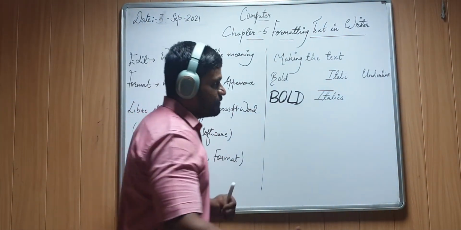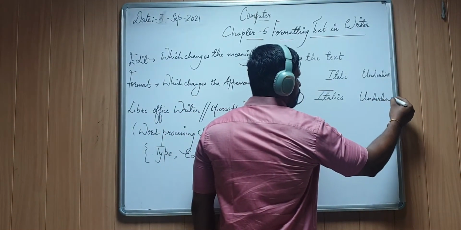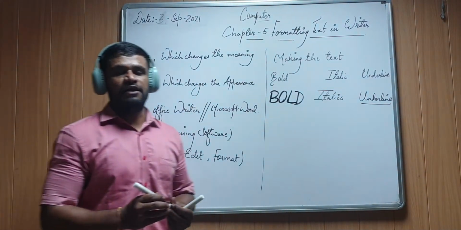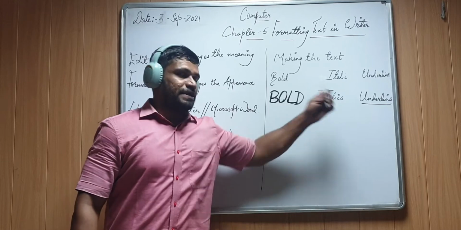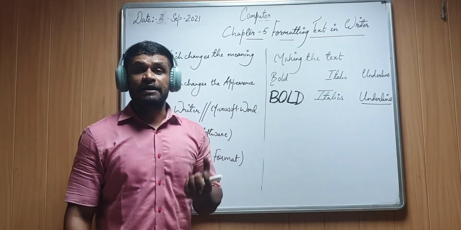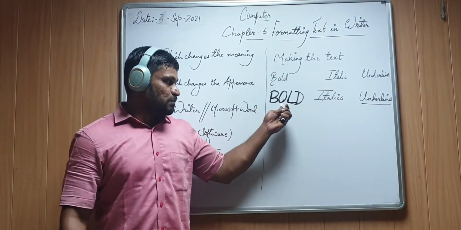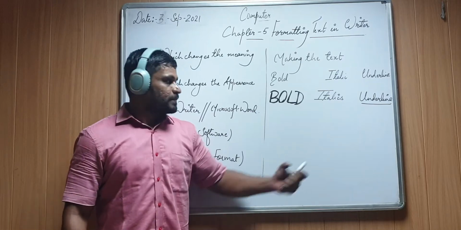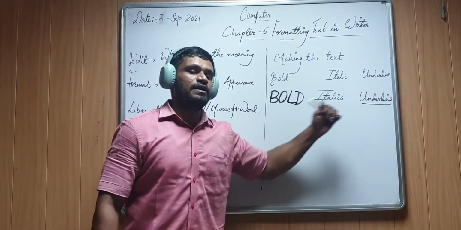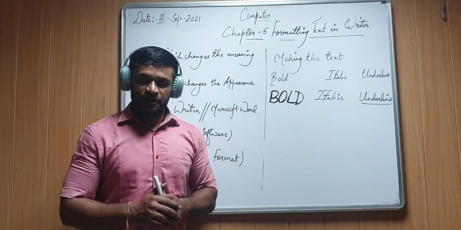And underline, everybody knows, means a line will be drawn below the selected word. Underline means drawing a line below the given word. So I hope that we are clear with making the text bold means little bit darker, italics means writing in a slant manner, and underline means drawing a line below the selected word.